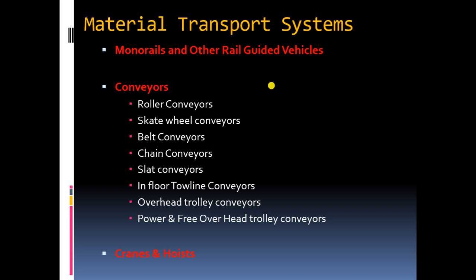Rail guided systems are generally considered to be more versatile than conveyor systems, but less versatile than automated guided vehicle systems. One of the original applications of non-powered monorail was in the meat processing industry before the 19th century.